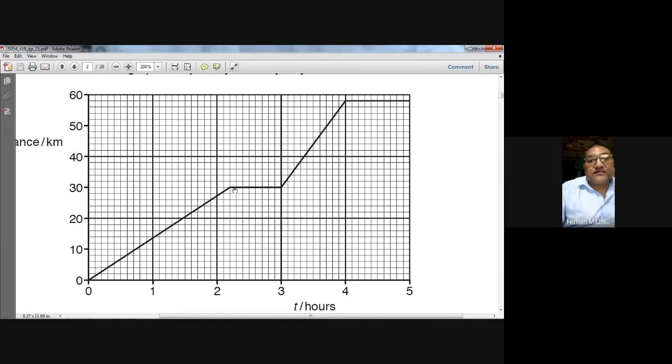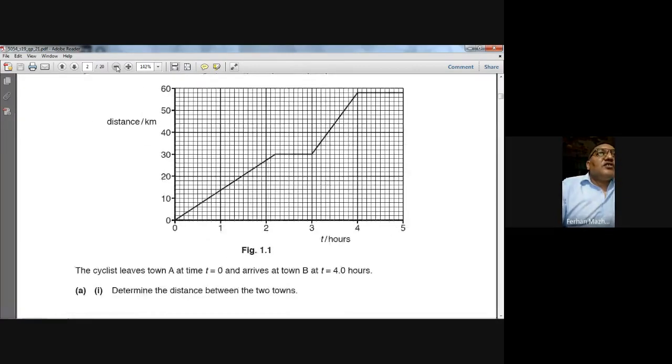So 8 squares, for which the graph is horizontal. Each square represents 6 minutes, so multiply 6 with 8 and you get 48 minutes. So the answer is 48 minutes.